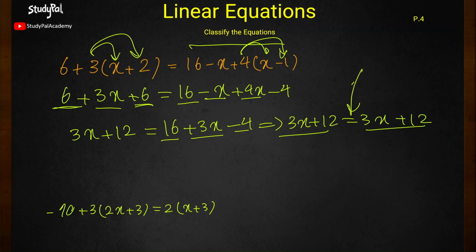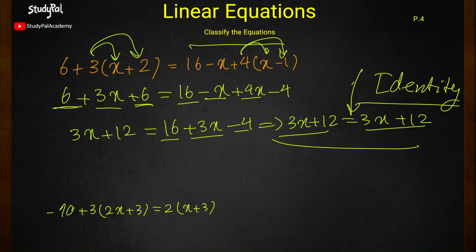And we say, as we saw in the first video, these kind of things are called identities. It is always true. You don't need to solve it. It is true for all values of x. So that's what we mean by classification. This is one class of the things that you can create with the equal sign, an identity.